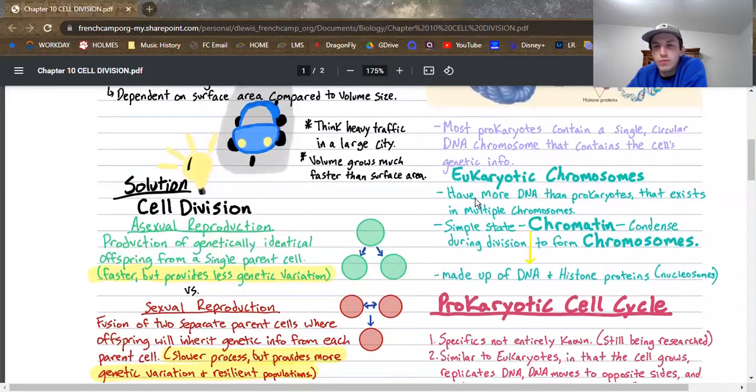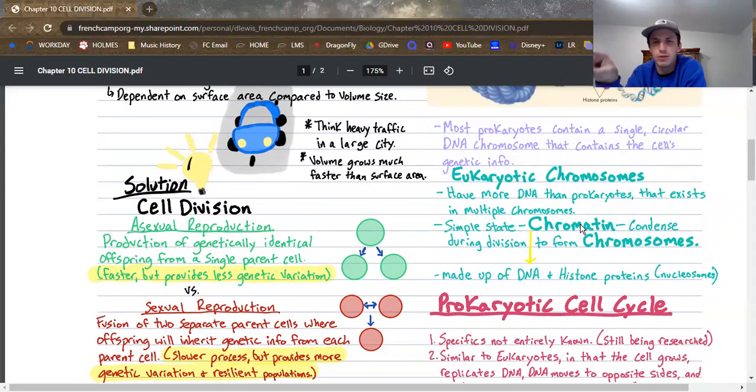Eukaryotic chromosomes have more DNA than prokaryotes, and it will exist in multiple chromosomes, not a single circular strand. In its simple state, it is chromatin. So for the majority, or at least the early part, until the cell starts to get ready to copy and divide, actually all of interphase, it's chromatin.